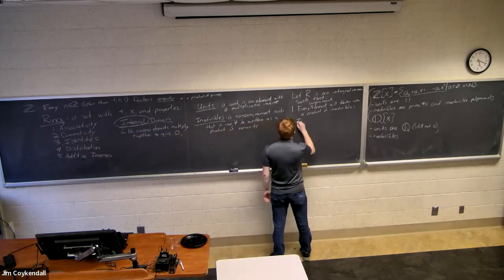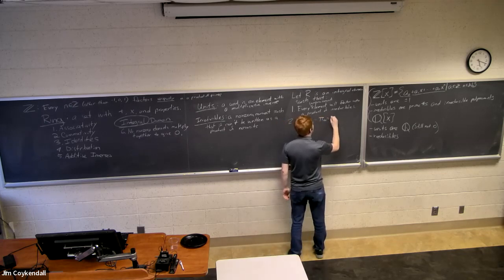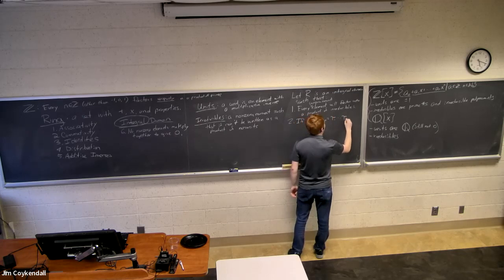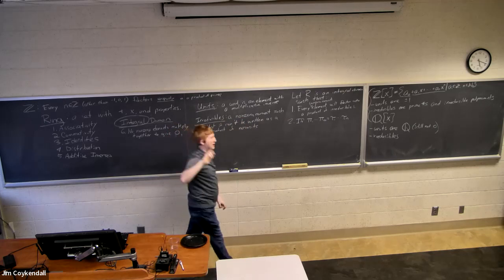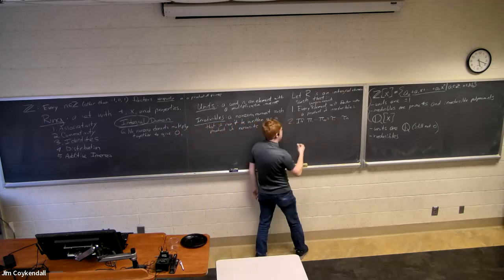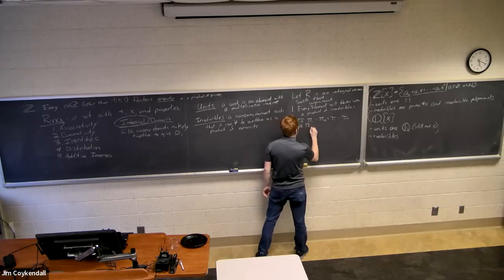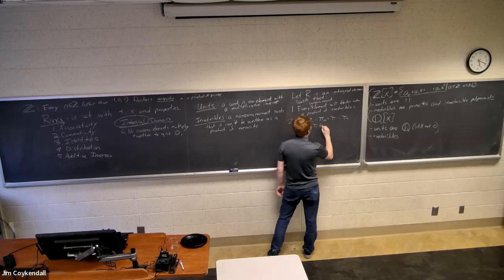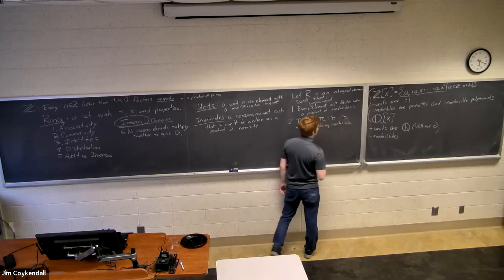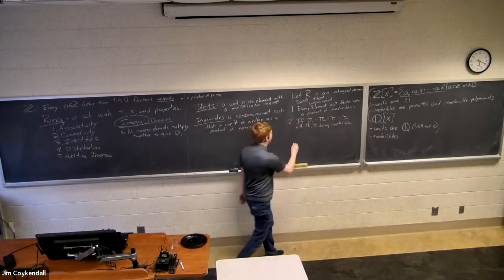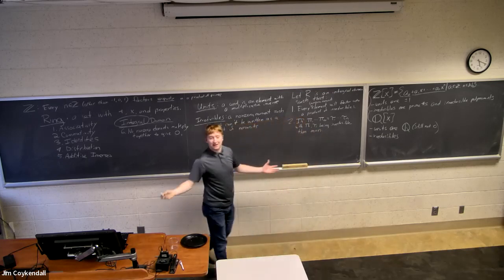Two. If we have two factorizations, so we have a product of things on the left, we've got a product of things on the right, and they're equal to each other, with all of the pi's and tau's being irreducible, then we're going to require that they're of the same length.